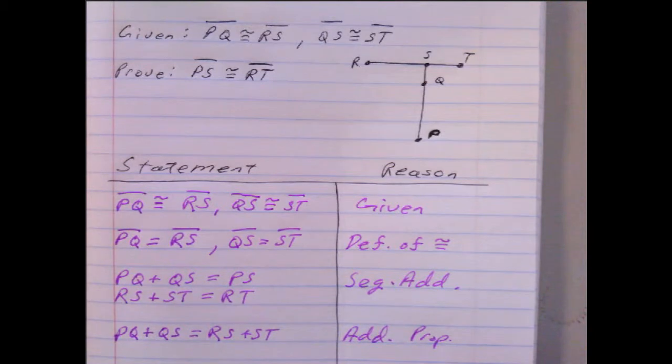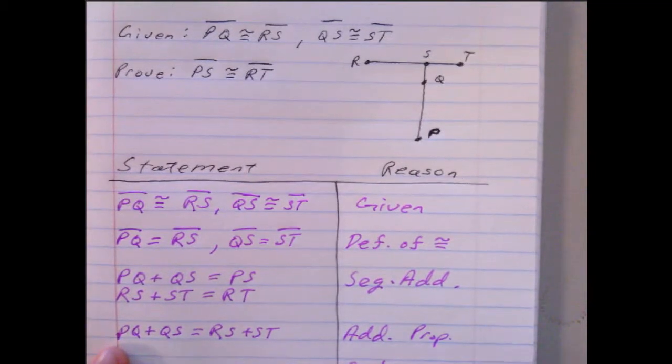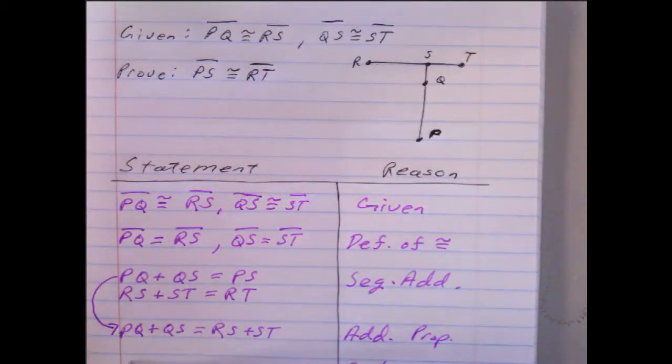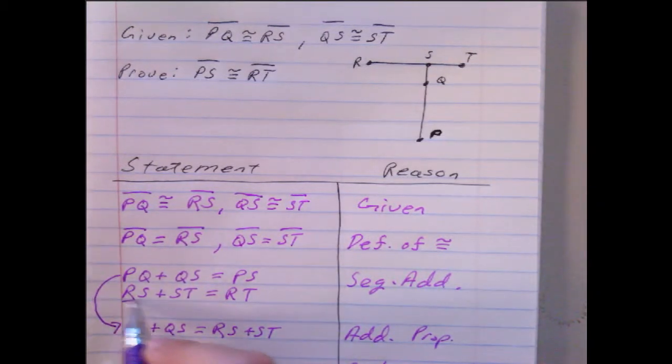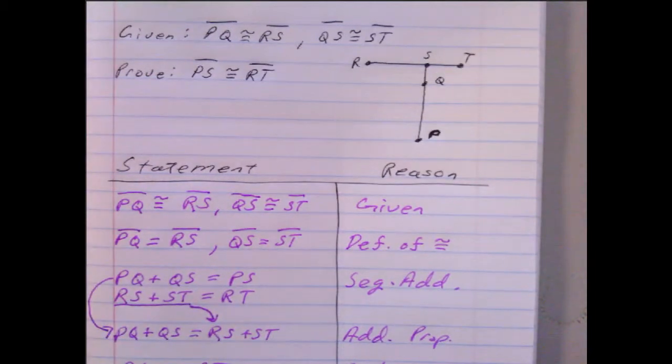Now we're going to do a little bit of substitution. So we're going to take the PQ and QS, which is up here, and we're going to substitute in PS, and we're going to take the RS and ST, and we're going to substitute in RT. Okay, so that's our substitution property.